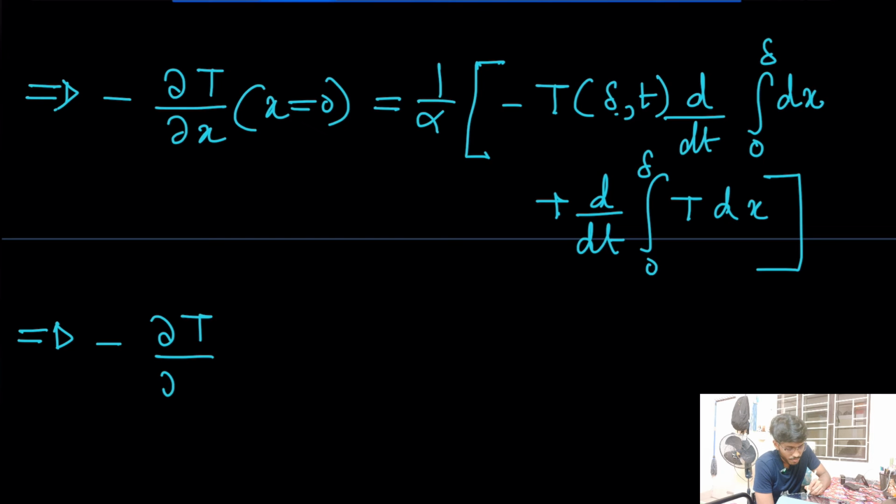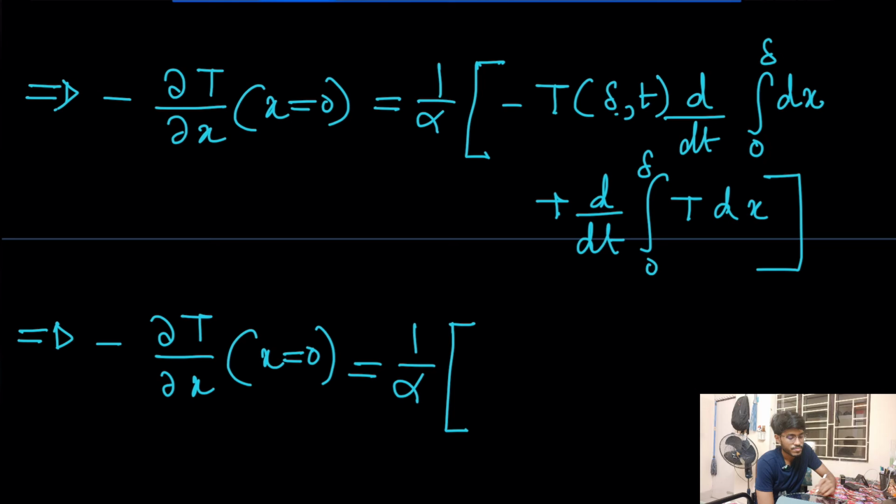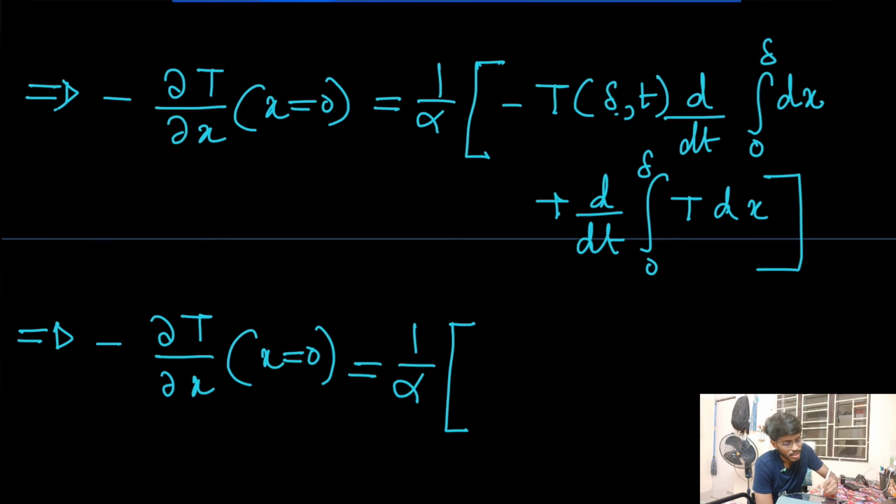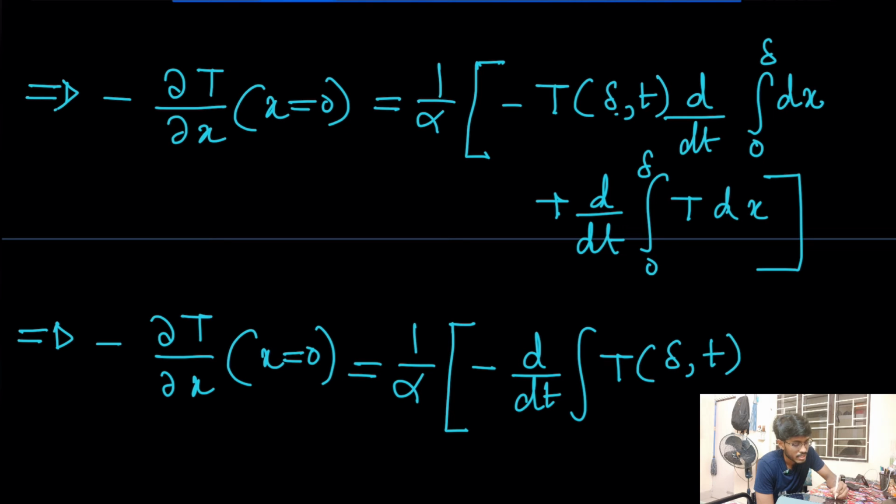So then I will have this one as, okay, so now you again see, I can put this one inside the integral, right? Then I will have minus of dδ/dt of T, that is a function of delta and t.